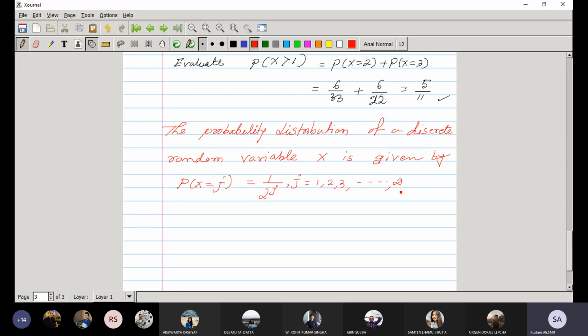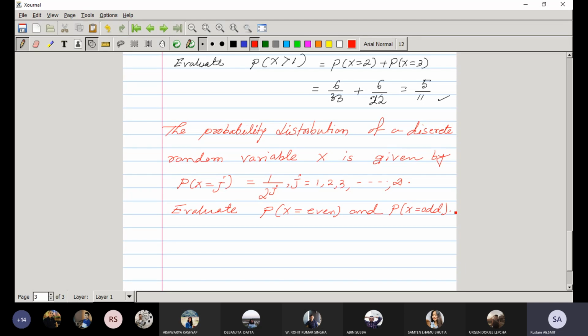Okay. So what we need to find: evaluate probability x is equal to even, and also probability x equal to odd.